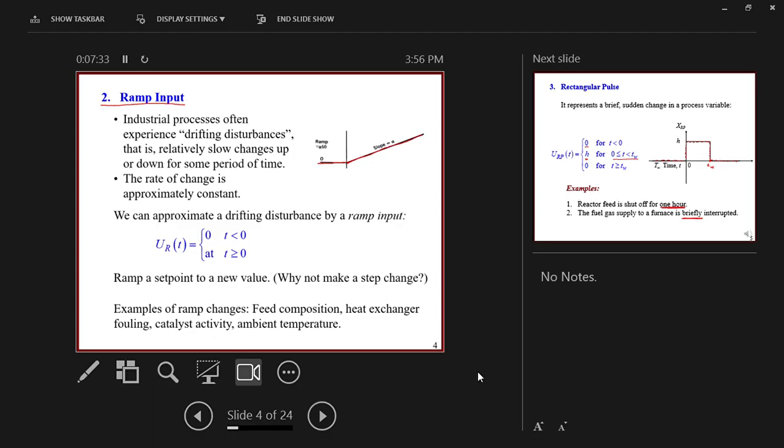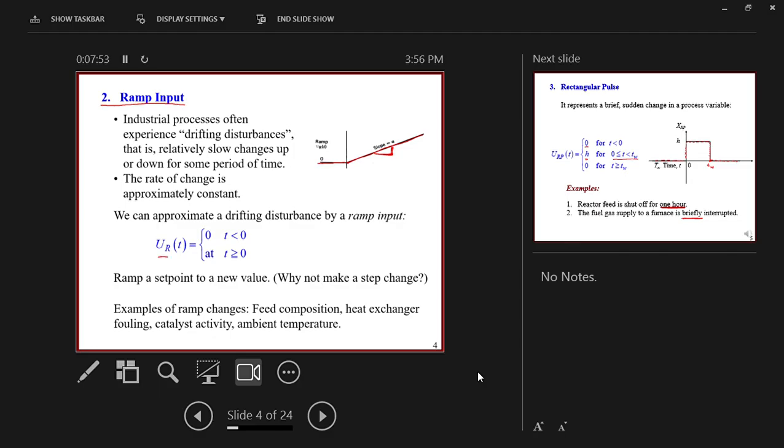So this is called ramping. It's very important to know the rate of change of this input.